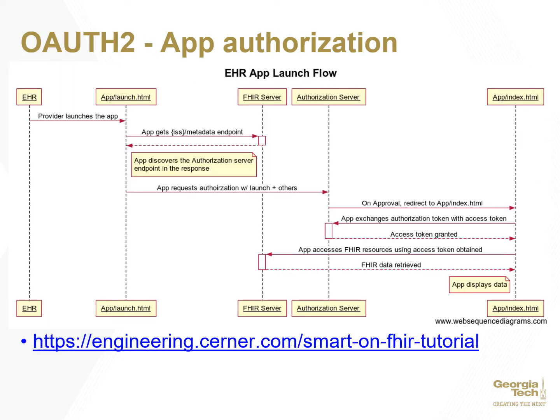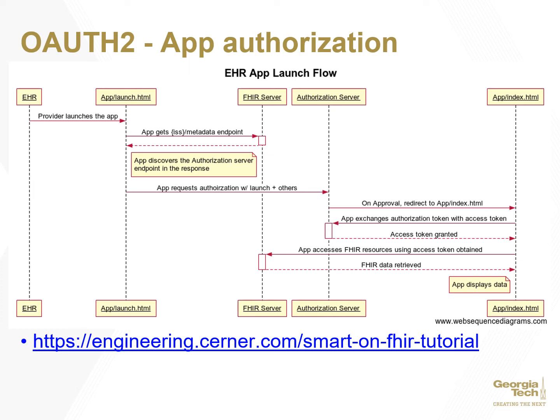Below is the basic OAuth workflow for the app that you are going to be testing out. The app makes a request to the FHIR server to get what the authorization URL server is. The app then sends an authorization request to the auth server with some of the context parameters such as the patient ID and what type of resources it wants to access.